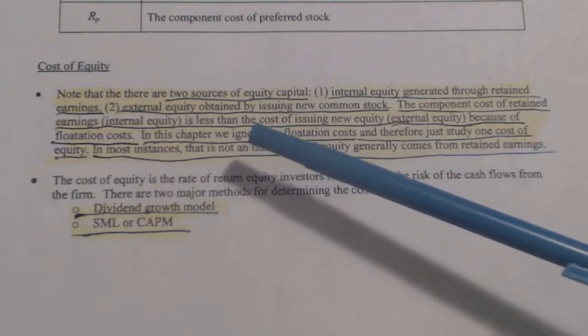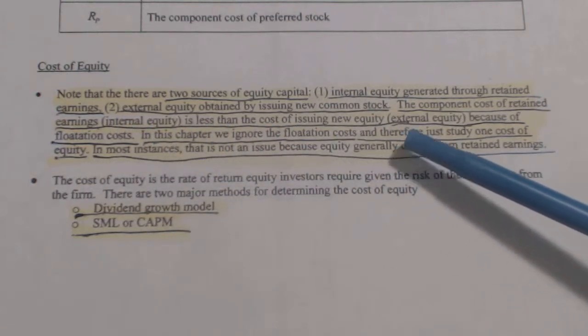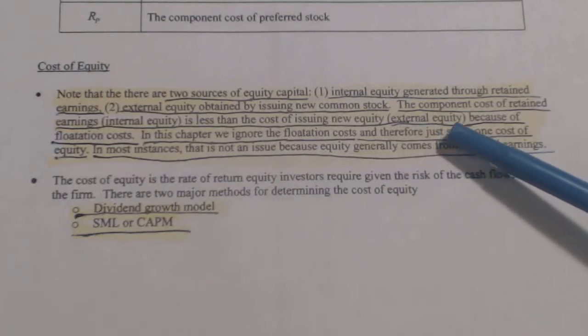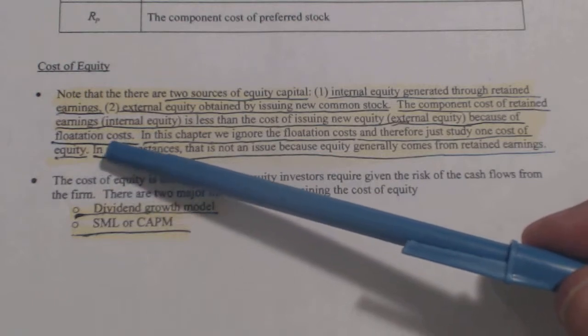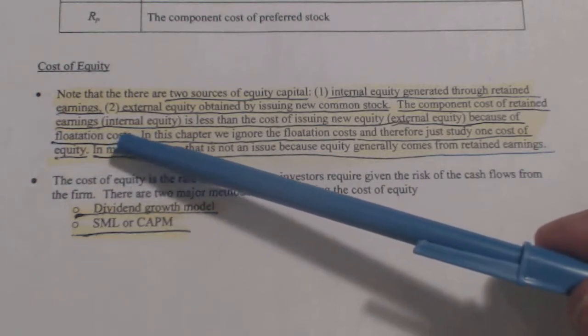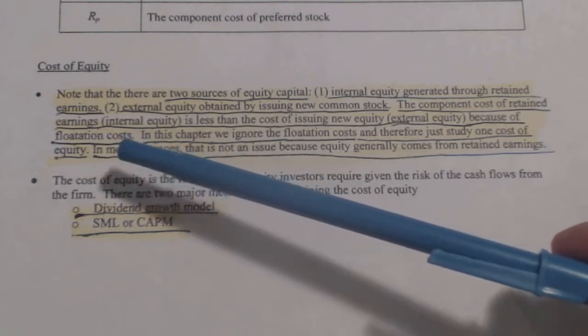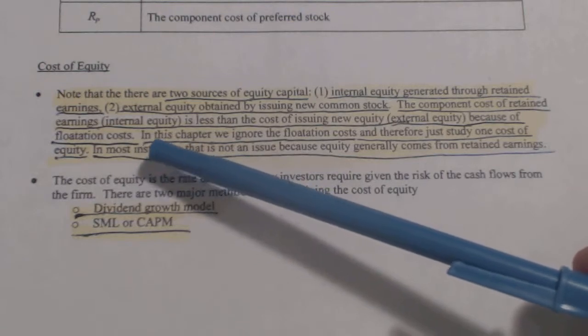The component cost of retained earnings, internal equity, is less than the cost of issuing new equity, which is external equity, and that's because of the flotation costs. You've got all those costs with attorneys, accountants, everything involved with floating a new stock issue. But bonds have a similar type of cost too.